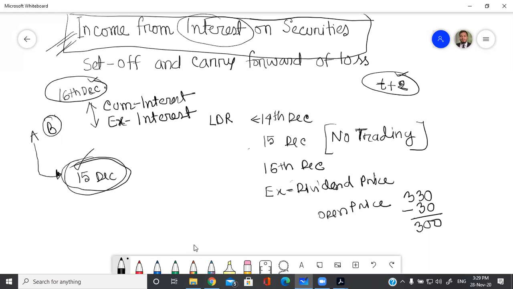Register on the book where it will be decided that this investor is entitled to receive the interest income. Okay. So what does it mean?